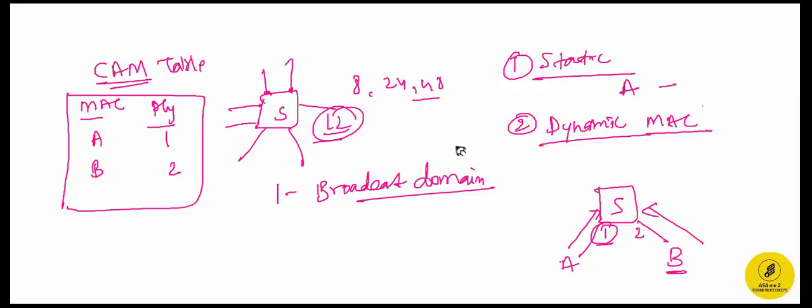There is one more concept involved with switches, which is ARP, Address Resolution Protocol. So how does ARP work? ARP is a protocol that gets you the MAC address if the IP address of a host is known.